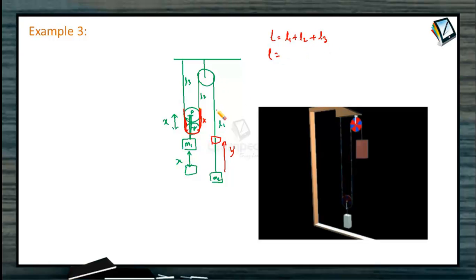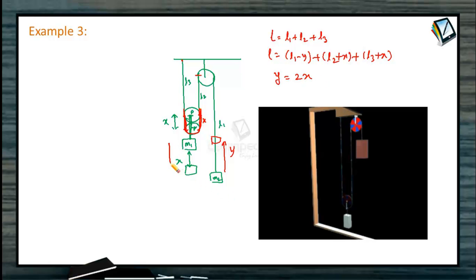Now L is equal to L1 minus y, plus L2 plus x. Very good. Now tell me about L3. L3 was from here to here. Now the pulley system is up to this. So L3 plus x. Substitute L is equal to L1 plus L2 plus L3. What do we get from here? Minus y plus x plus x. y is equal to 2x.